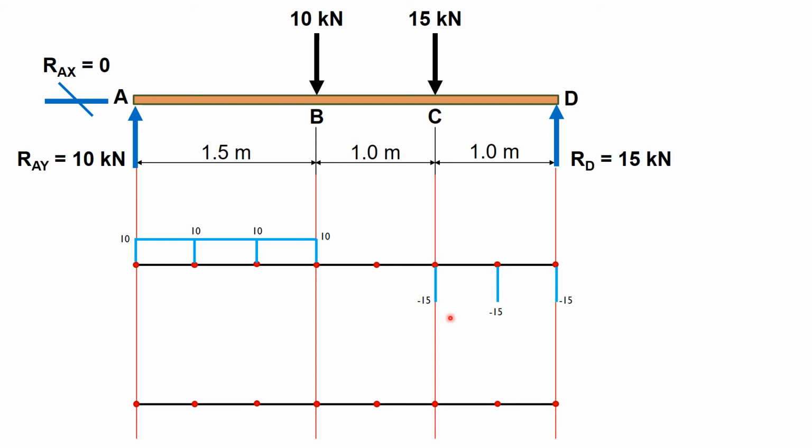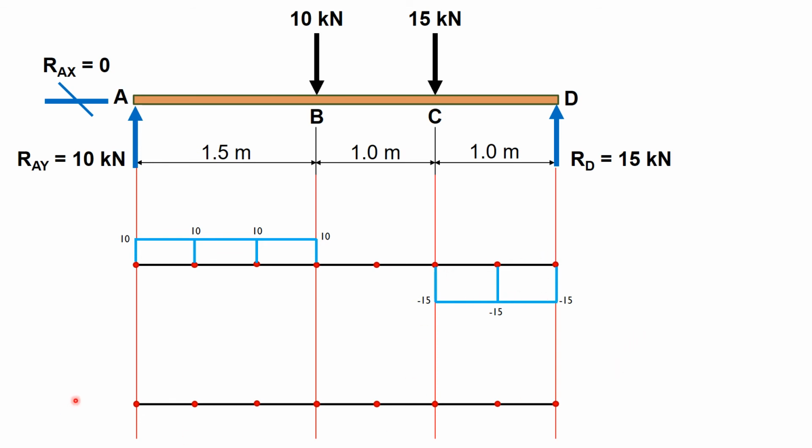For CD, so you connect these points of these ordinates at ito ang magiging shear diagram for CD. So we have positive shear values, we have 0, and then we have negative shear values.